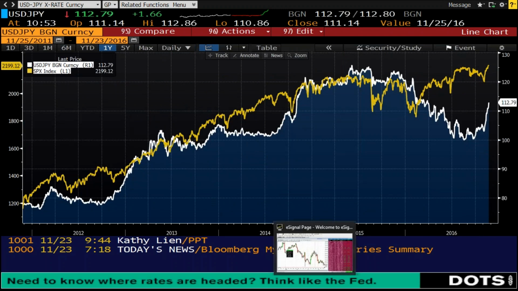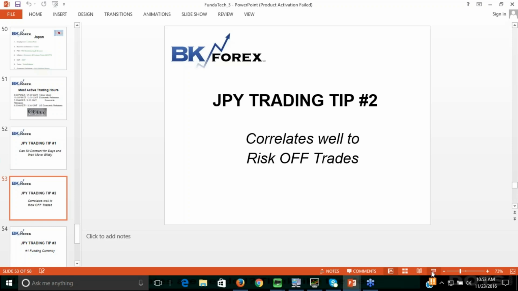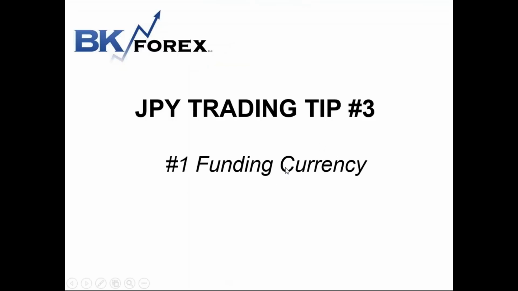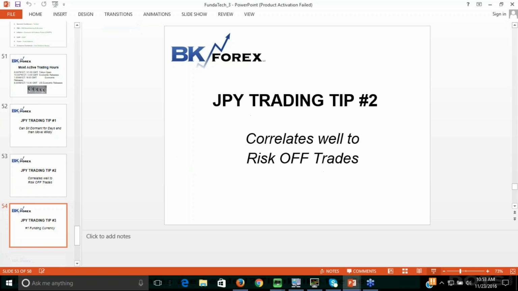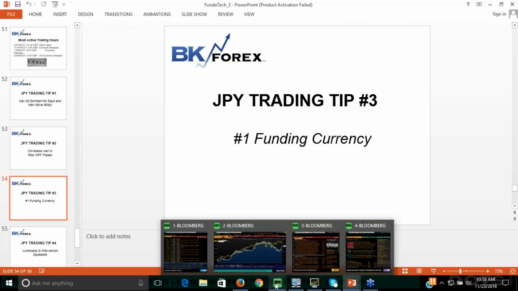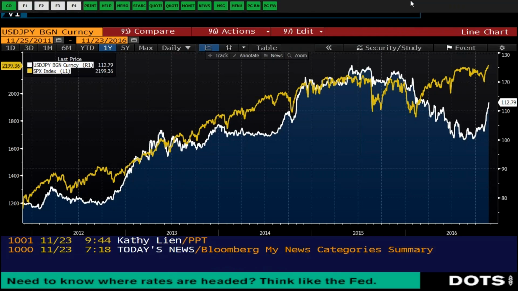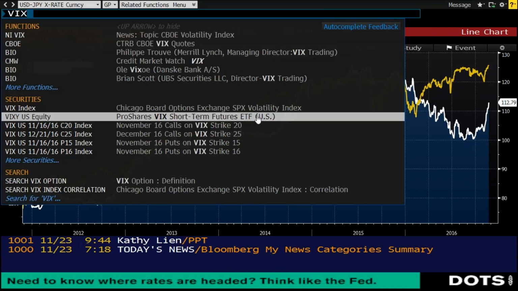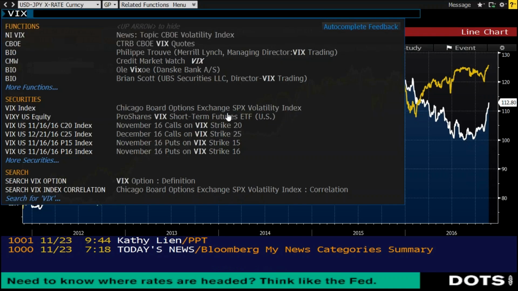So typically when U.S. stocks rise, it tends to be very good for dollar-yen. The yen is a funding currency. So when investors are nervous, they will bail out of the dollar and go into the Japanese yen.